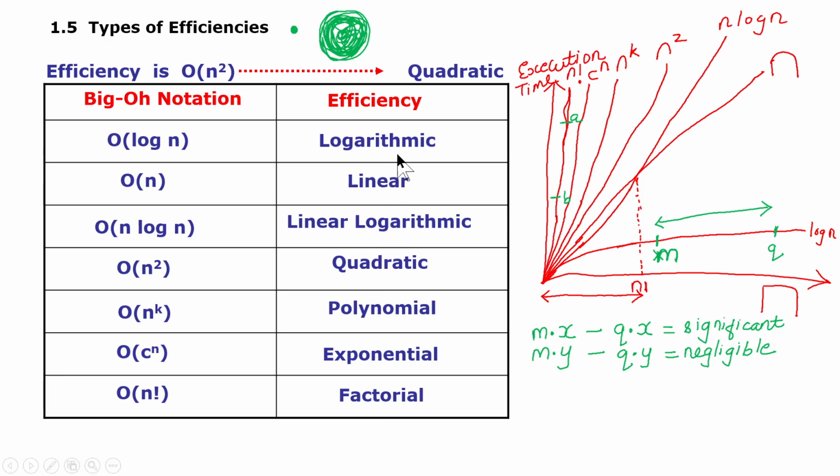What I mean is that logarithmic algorithm is the most efficient algorithm and factorial algorithm is the least efficient algorithm, and that is denoted by this arrow. This downward pointing arrow shows decreasing efficiency. In other words, for a particular value of n, logarithmic algorithm will take least time and factorial algorithm will take maximum time.